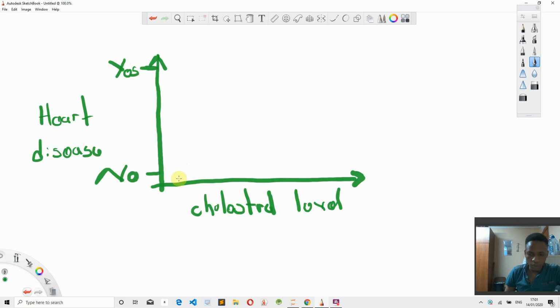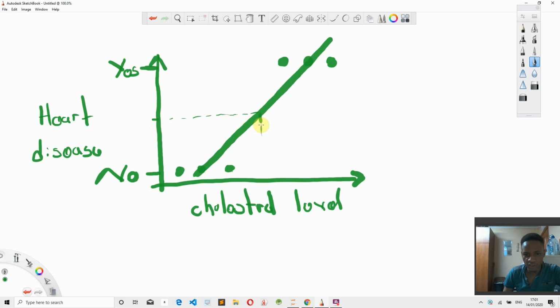Let's say we have these data points here, and these data points here. One way of doing this would be to use a linear regression model, something like this.